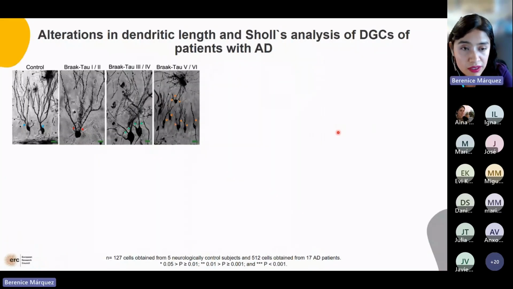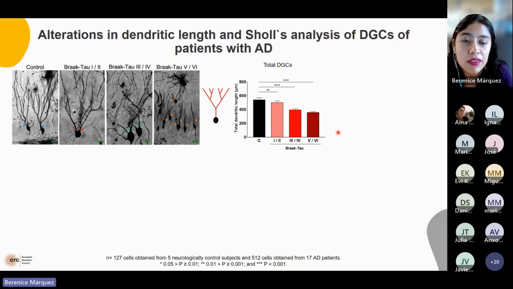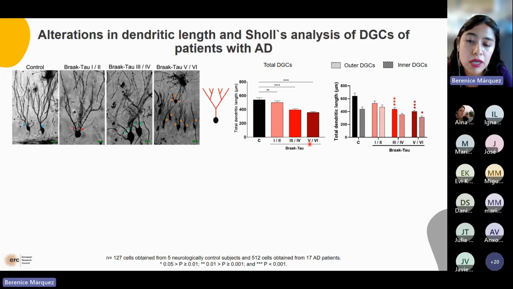In total dentate granule cells, the total dendritic length progressively decreased as Braak stages advance, without changes in patients at earlier stages in comparison with the control subjects. Similar alterations were observed in outer dentate granule cells. Meanwhile, the inner dentate granule cells only show a decrease at late stages of the disease.